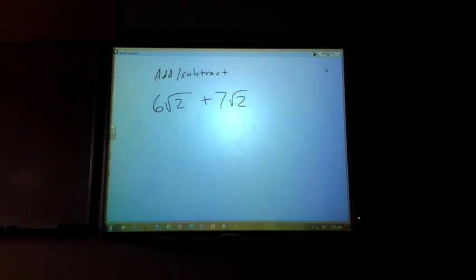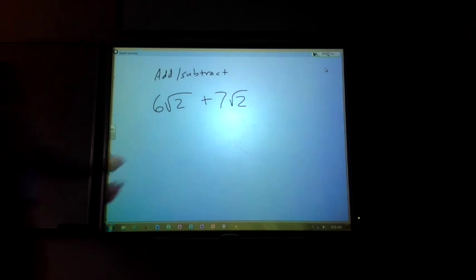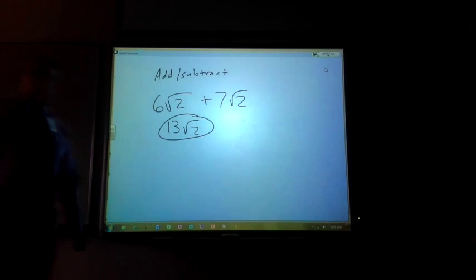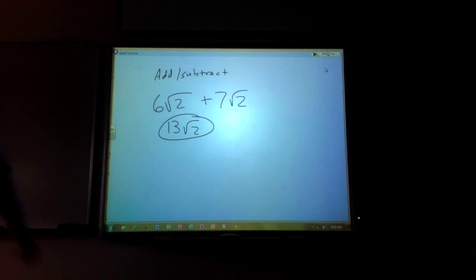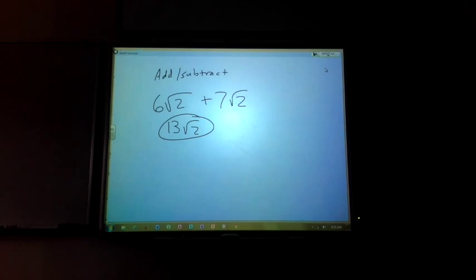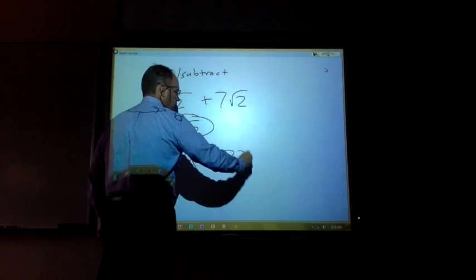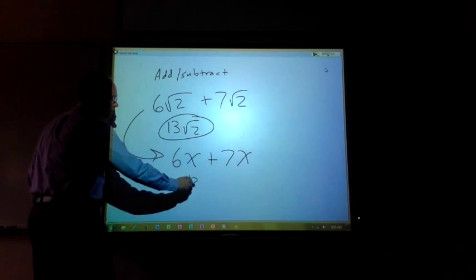So 6 root 2 plus 7 root 2, because I have a root 2 and a root 2, those are exactly the same. These are like terms. So I can add these just traditionally. 6 plus 7 is 13, and then the root 2 comes along for the ride. It works like a radical does, or a variable, a letter. This is the same idea as if I had 6x plus 7x. Like terms gives me 13x.